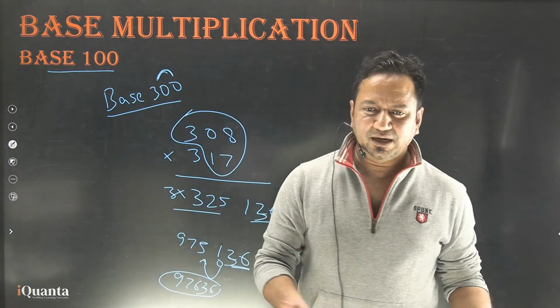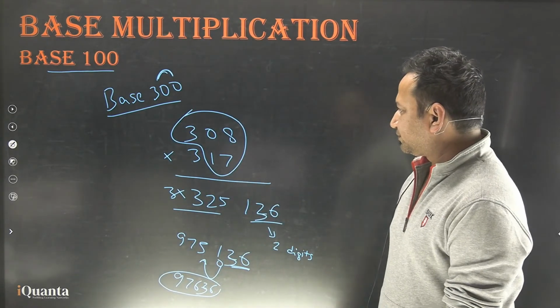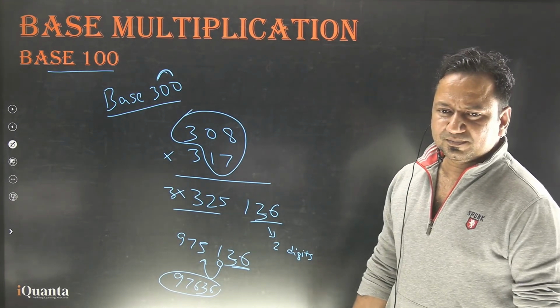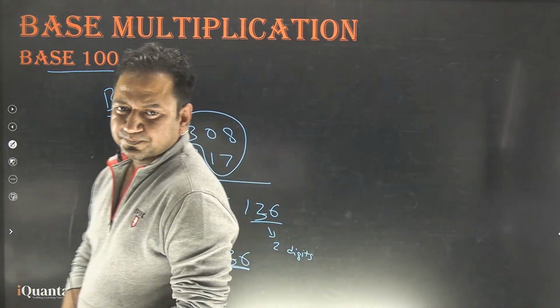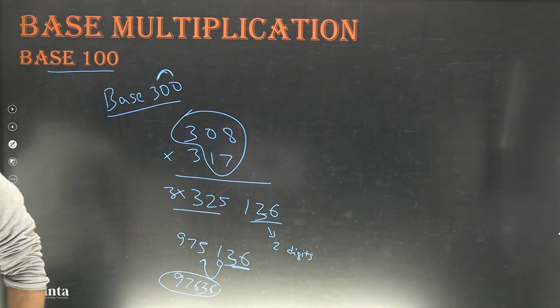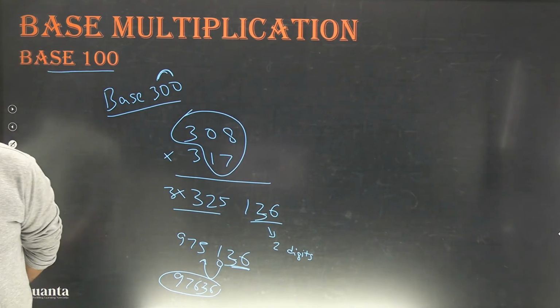I've already passed out of it. Sarvesh, 17 multiplied by 8, 136.